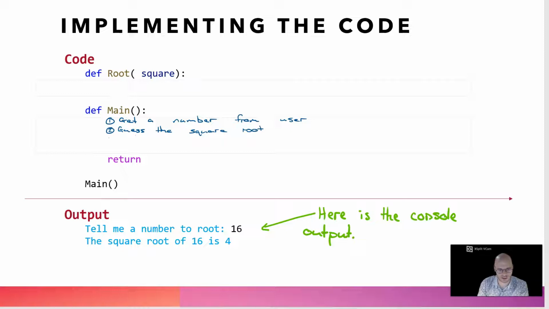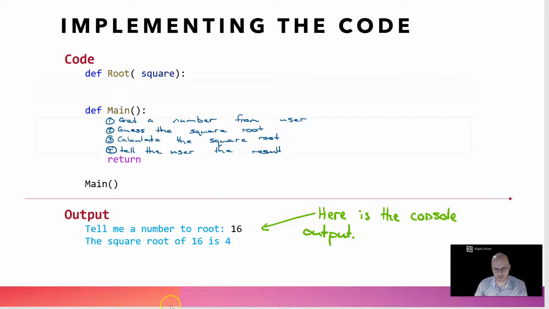And then calculate the square root. And finally, tell the user the result.